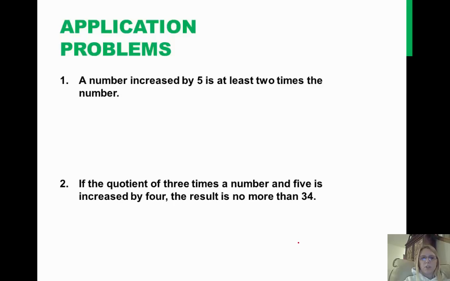Now here's some application problems. The first one: a number increased by 5 is at least 2 times the number. So if I say a number increased by 5, we're going to take 5 and add it to that number. And here's the phrase "at least." That tells us that's our balancing point in the equation, and then we have an inequality there.